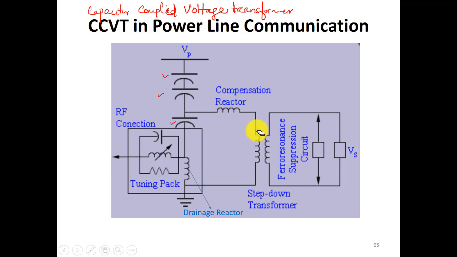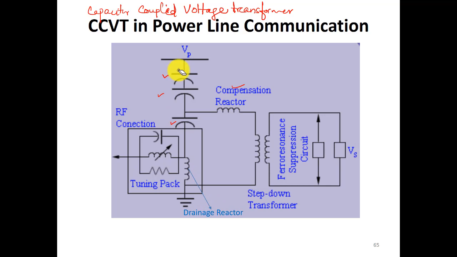Now here we can see there is a compensating reactor, which is very essential for neutralizing the effect of the capacitance drop. It is also called the tuning reactor, and we have a drainage reactor. You can see the drainage reactor here. Why is it essential? We can see here why it is essential.